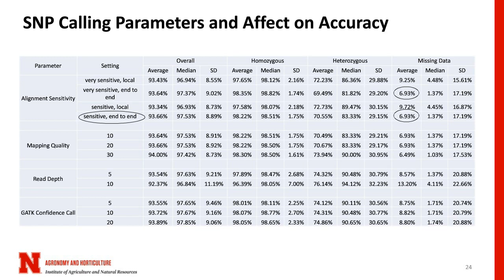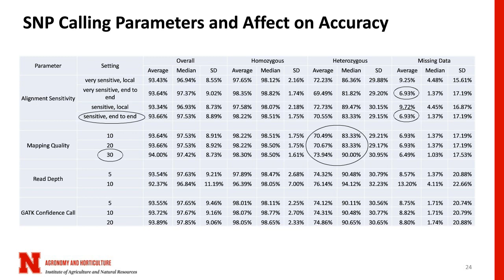For mapping quality, what we see is the mapping quality of 30 did get our heterozygous accuracy, the average is 73% there, but the median is 90%. So we got a pretty big difference between our median and our average, and I think that's because of the X coverage being only 45X.